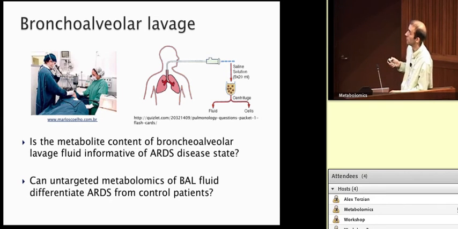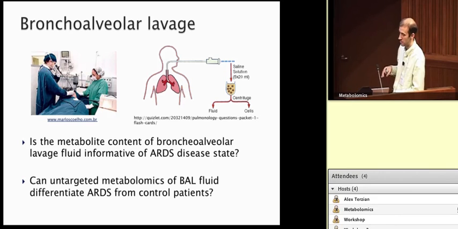A saline fluid is infused into the lungs of the patient and then withdrawn as a wash procedure to flush out the infectious material that's been generated inside the lungs. There may be other clinical indications for this. I'm definitely not a medical doctor, but it is sometimes done in treatment of these patients.